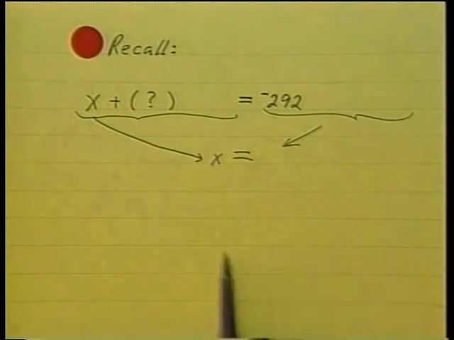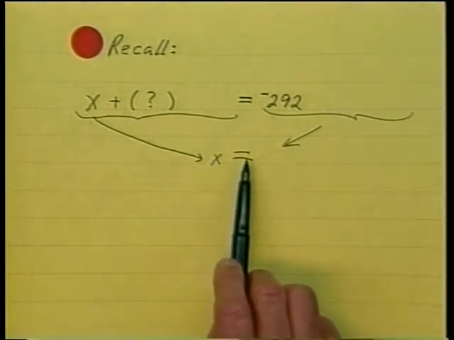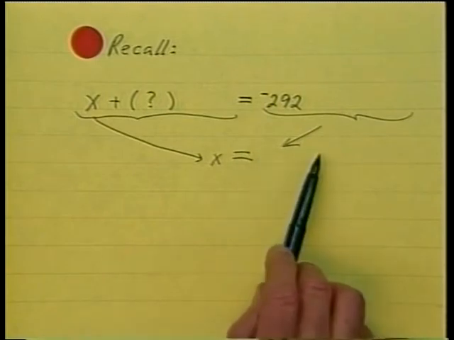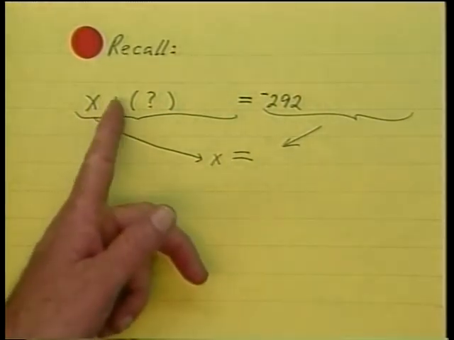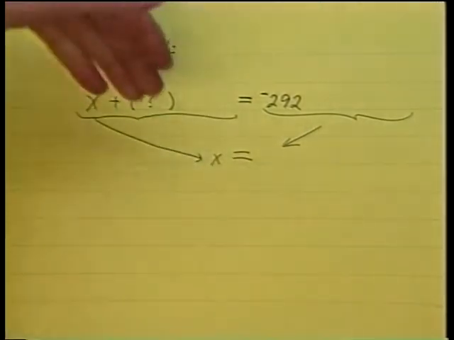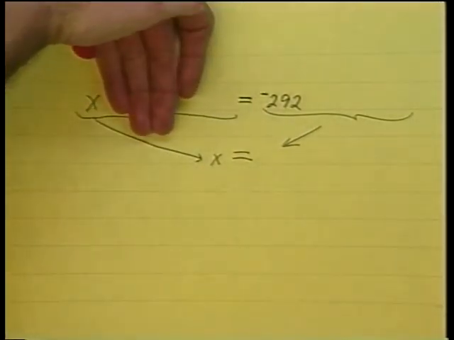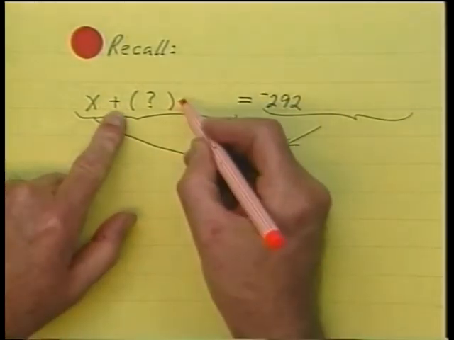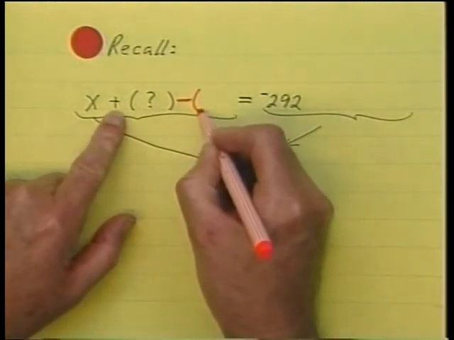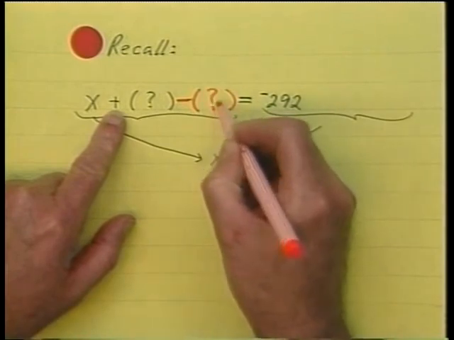Indeed, that's what it's telling us. This equal means is, so it's saying x is something. Our problem then was, how do we undo adding anything to get right back to the single variable? And we learned that to undo adding, you subtract the same quantity.